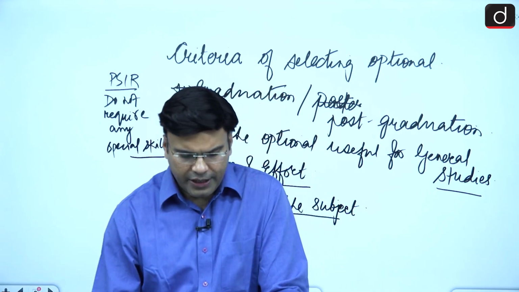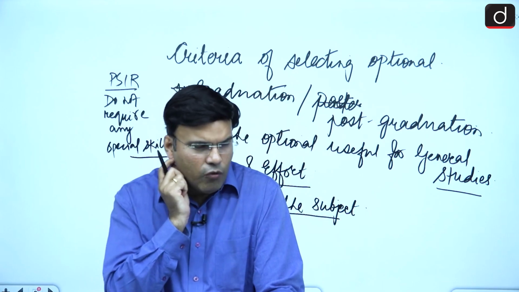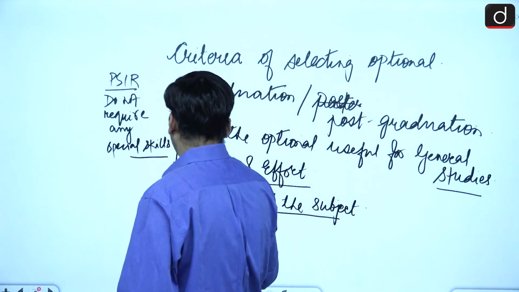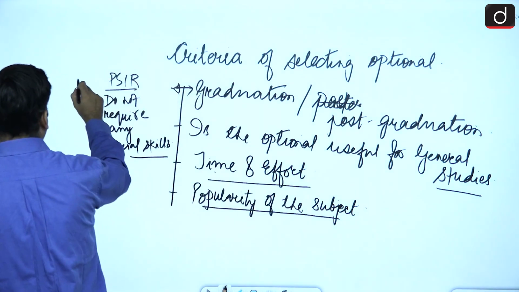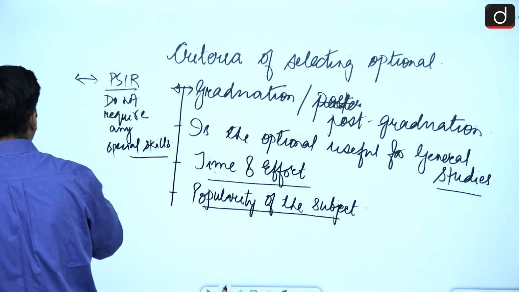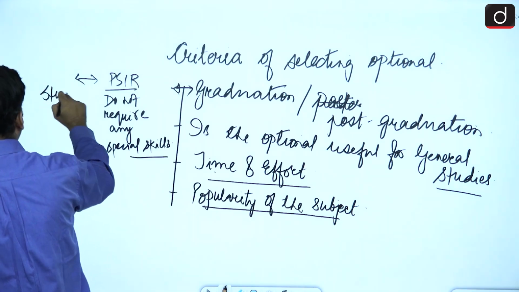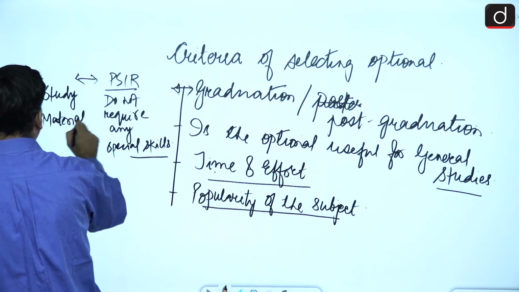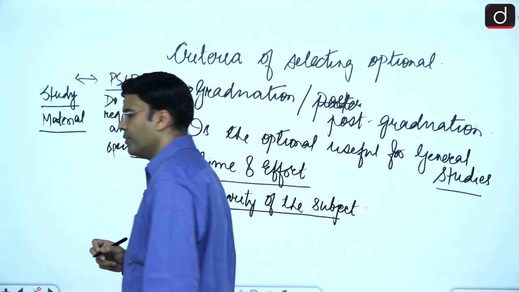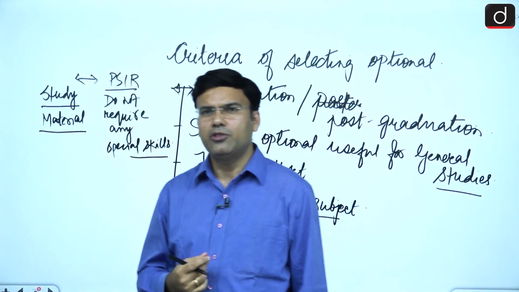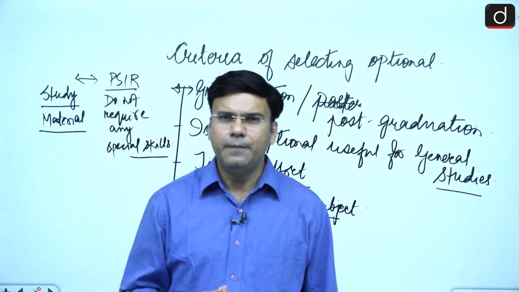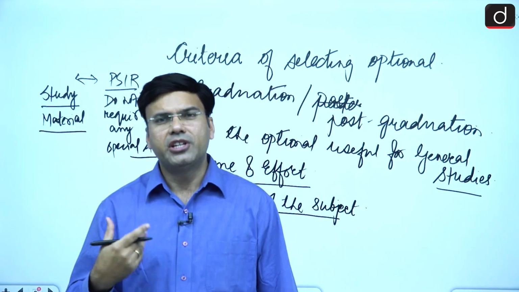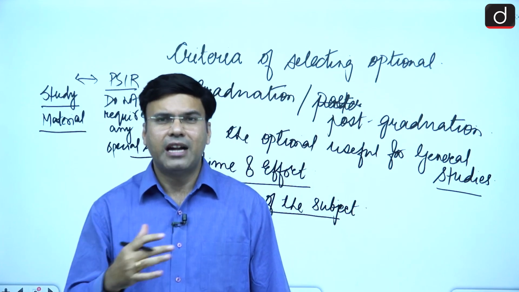Secondly, if I take this discussion forward, one has to be very sure about the option that you are selecting, and if you are selecting PSIR as an optional, then do you have a ready availability of study material? Study material would mean, do you have standard books available? Do you have ready-made study materials available which are very standard in nature?